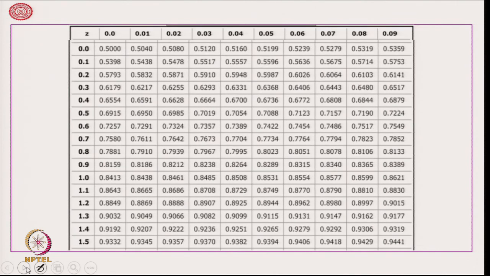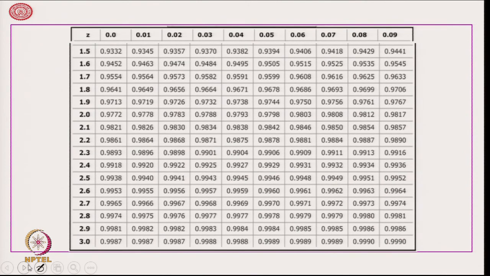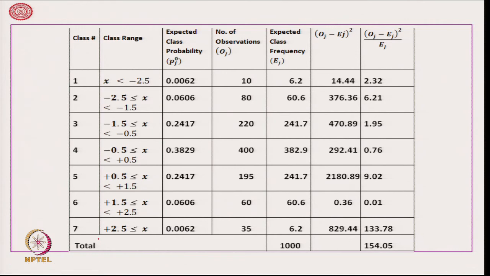I have given the entire normal table for your help. You can compute from here the class probabilities for all the 7 classes, which I am showing here in this column. Suppose the actual observations belonging to these 7 classes are as follows: 10, 80, 220, 400, 195, 60 and 35.